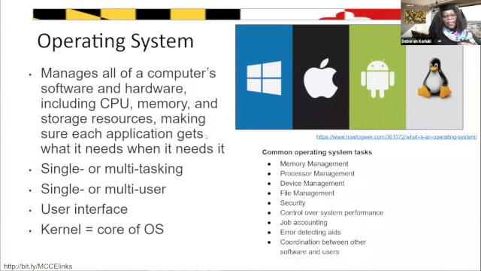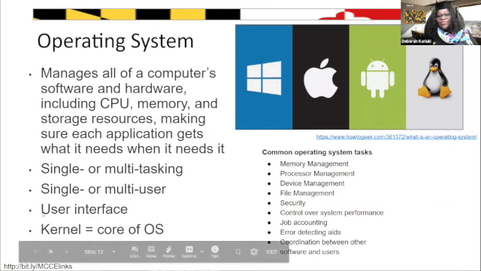With an operating system, you can have single or multiple users. So you have different kinds of ways that you can do this. And then the user interface and the kernel of the OS, and that again is where you'd find some of the language that we don't use as humans. That's for your hardware.